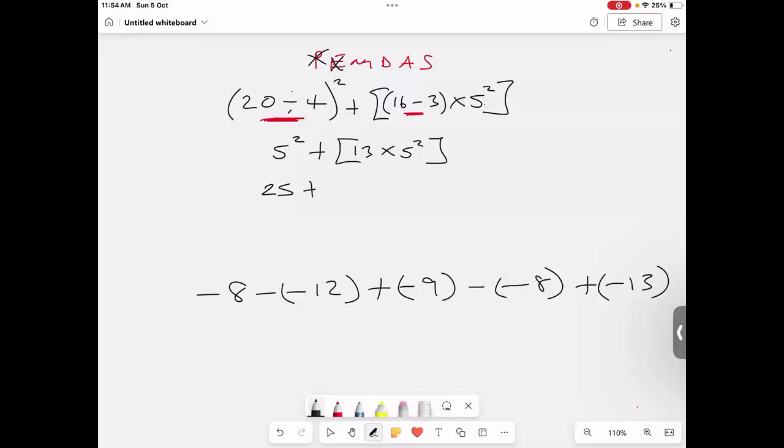Since I've already worked out the 5 squared, I'm going to keep this in the parentheses here. I'm going to say 13 times 25. All right? Now, I'm still in the parentheses. So essentially, I'm going to work out 13 times 25. I believe this is 800. And let me just double check on that. 13 times 25.